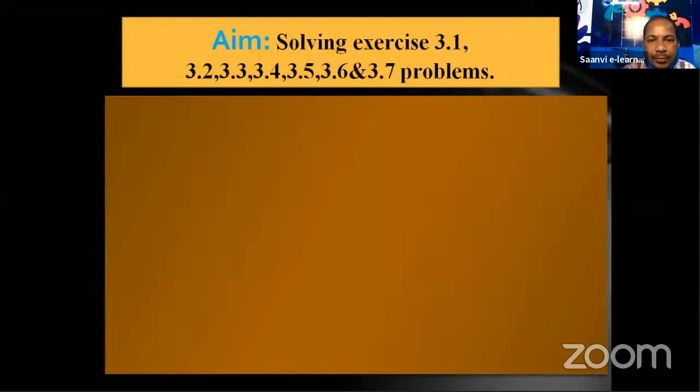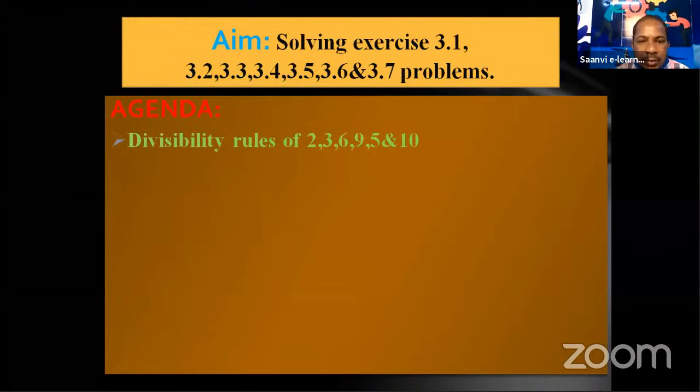And the agenda is divisibility rules of 2, 3, 6, 9, 5 and 10. This topic we already discussed in the previous class, and in exercise 3.1 we solved the problems on these divisibility rules, right?